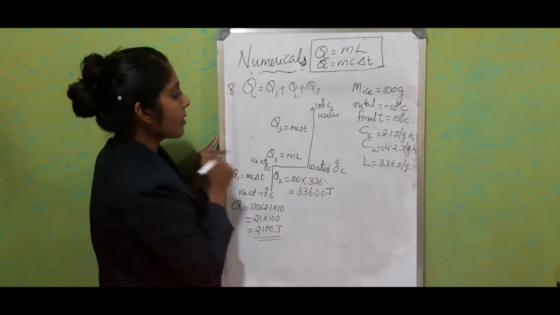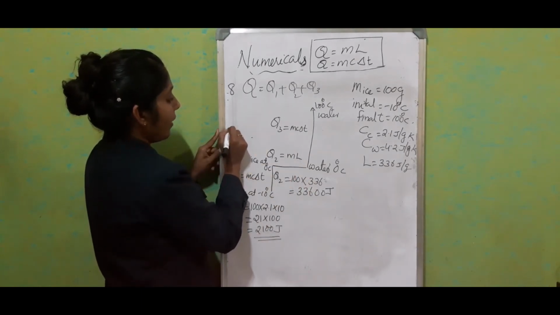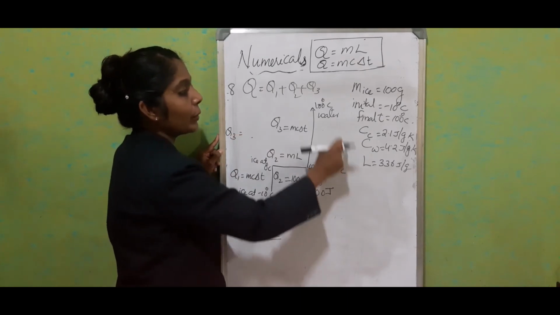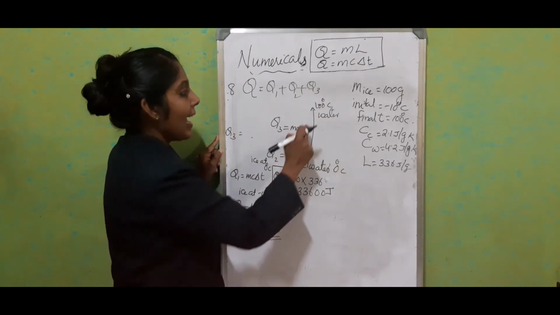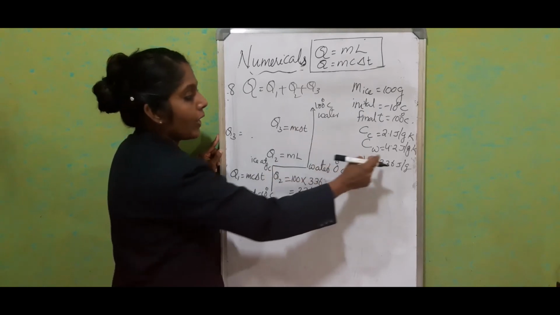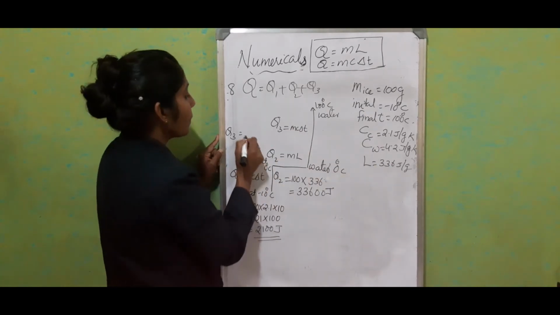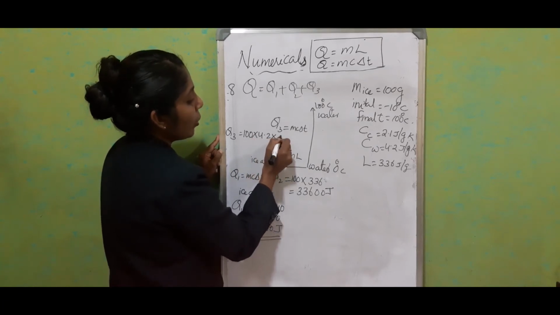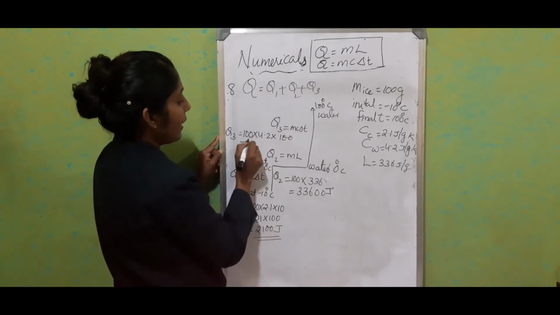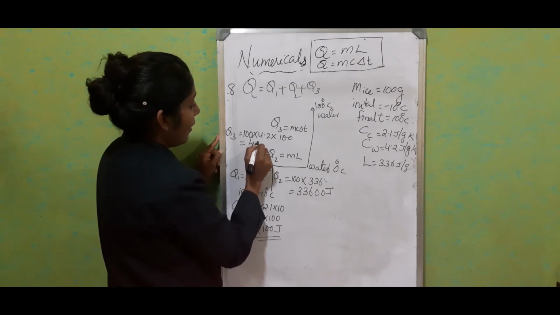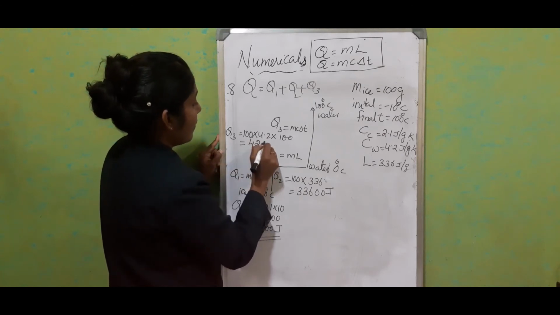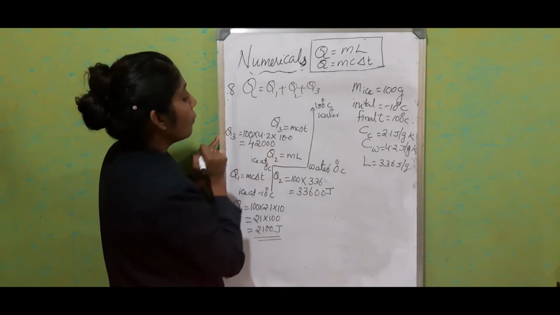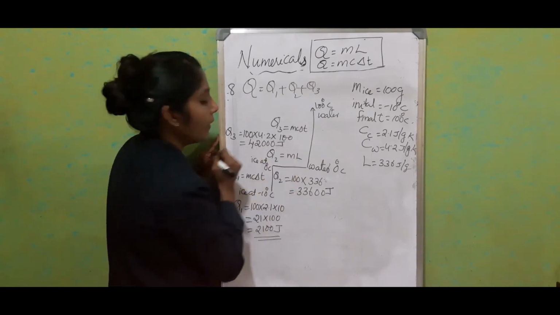Now we'll see the third part, Q3. Q3 is equal to the temperature difference 0 to 100 degrees Celsius, and it becomes water. So we have to consider this 4.2. So 100 into 4.2 into 100. Finally, we will get 42,000 joule.